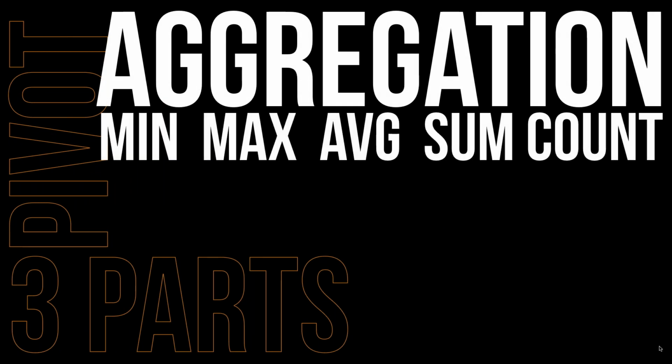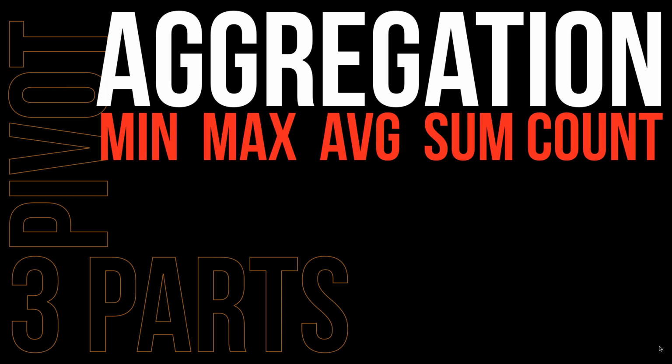So the first thing we're going to do is aggregation: min, max, average, sum, count. Now the first two, min and max, we don't think of those as aggregation. However, when we have a number, like if I'm working with phone surveys, I don't necessarily want an average.